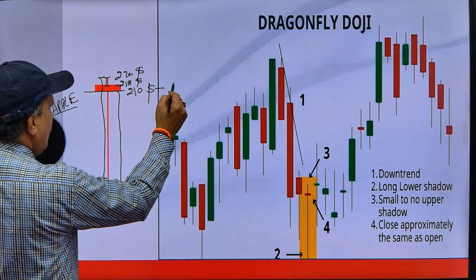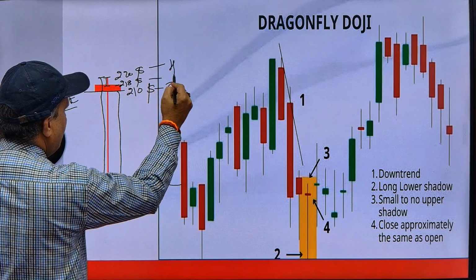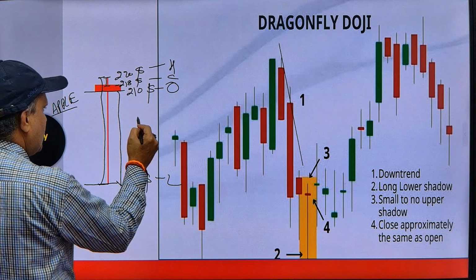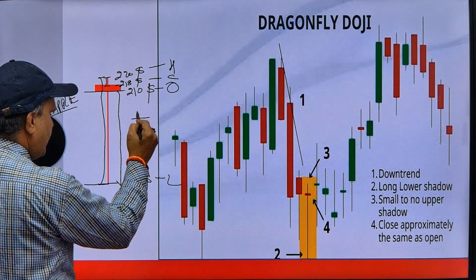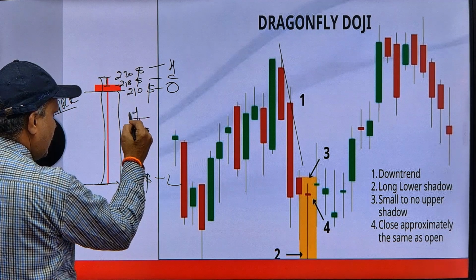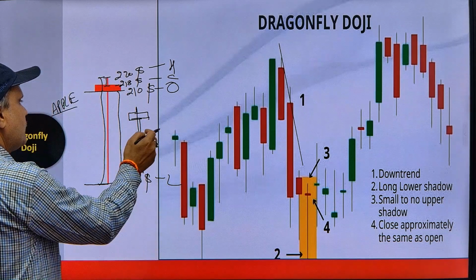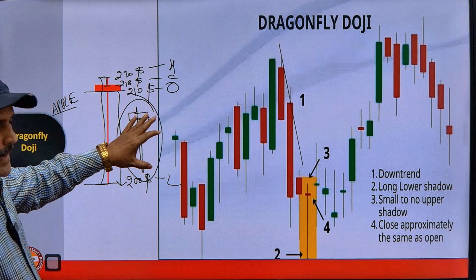That means this is the open price, this is the low price, this is the high price, and this is the close price. Due to this, there is a formation: open, down, up, high. This formation is known as the Dragonfly Doji candlestick pattern.